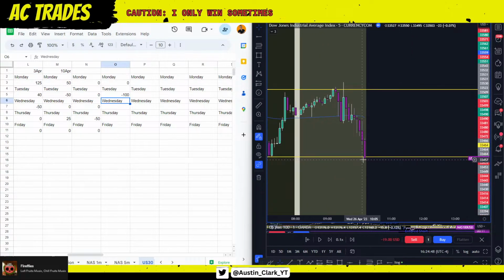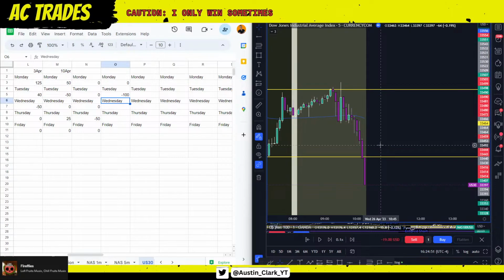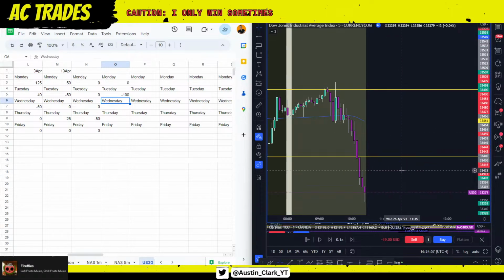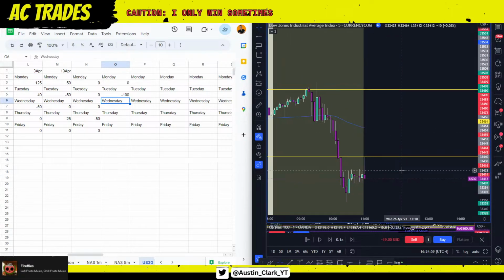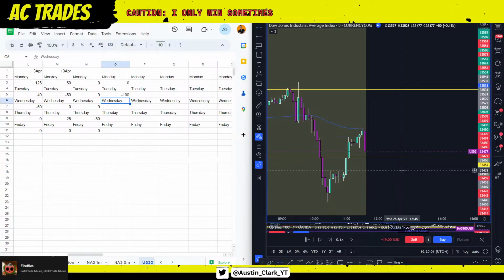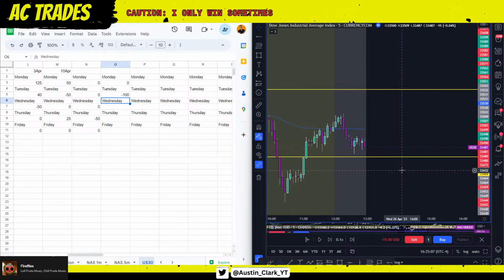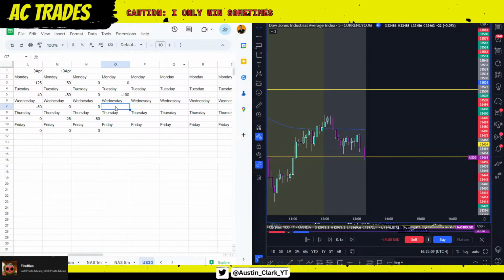That's not strong enough to close down, so wouldn't have opened that one either. I don't like that wick. Don't like any of these wicks. And a 0 day.